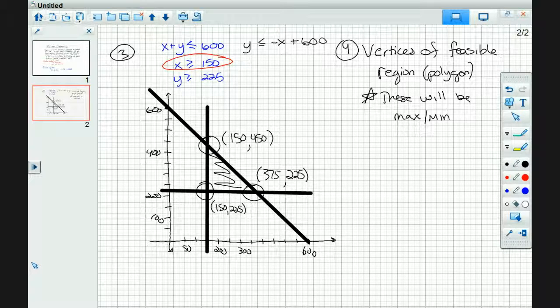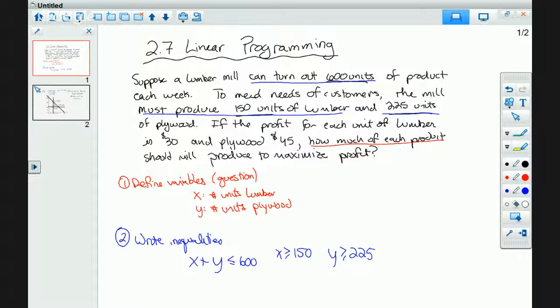One more step. Are you with me? Like I said, it's kind of long. One problem takes me 15 minutes to show you. Alright. We have to write a profit function.